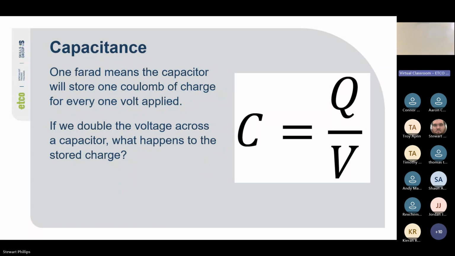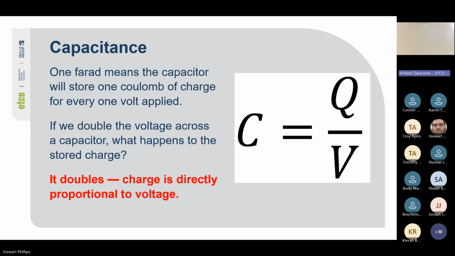So to rearrange this formula, we would take the V and multiply it by C, which will give us Q, because we're trying to figure out the charge. So it would double, because charge is directly proportional to voltage. Again, this is the formula you will actually be given on a working sheet.